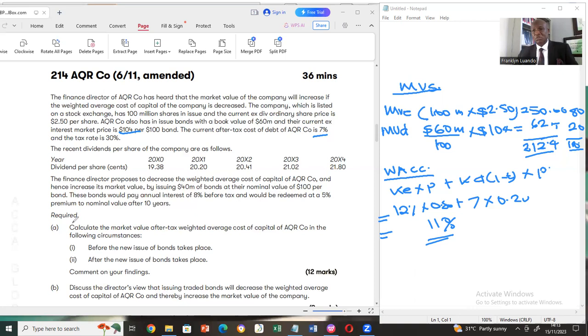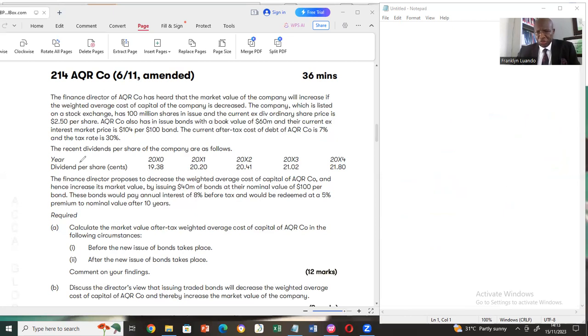Redeeming at a discount, you would have removed 5%. So now we need to find out the new market values of the securities once there are the new shares.